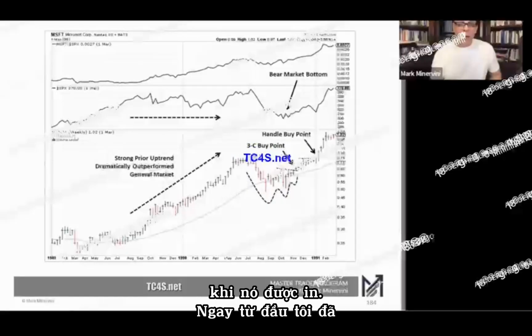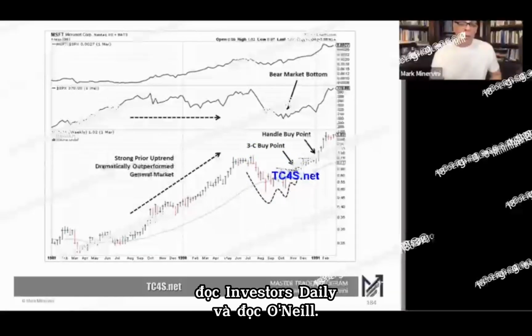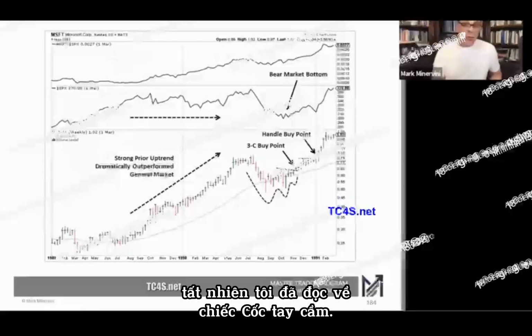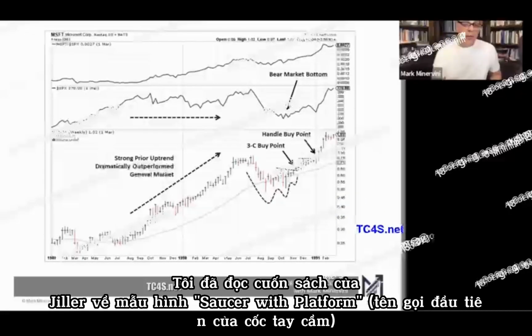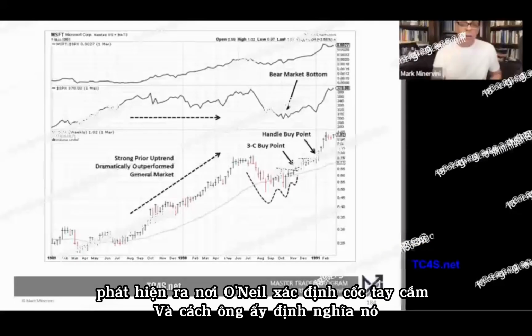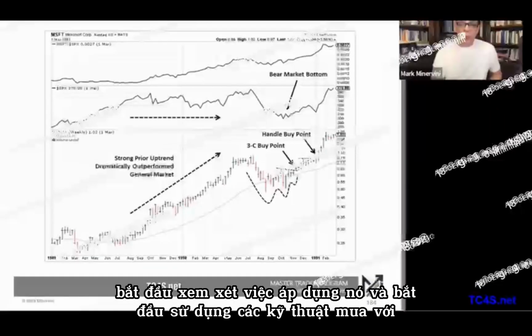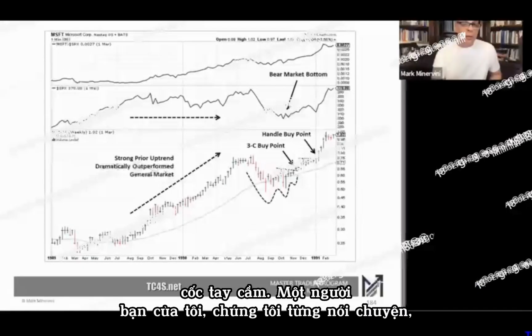That's how early on I was reading Investor's Daily and O'Neill. And of course, I read about the cup with handle. I read Gilder's book about the saucer and platform. Discovered that that's where O'Neill got it, and he retermed it. I started looking at applying it, and started using those techniques of buying cups with handles.